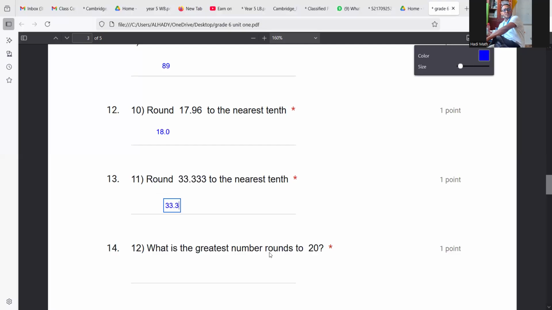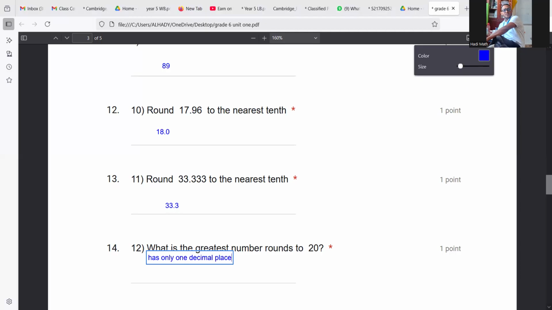What is the greatest number that rounds to 20, and has only one decimal place?